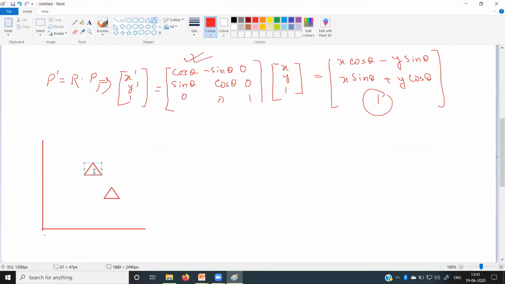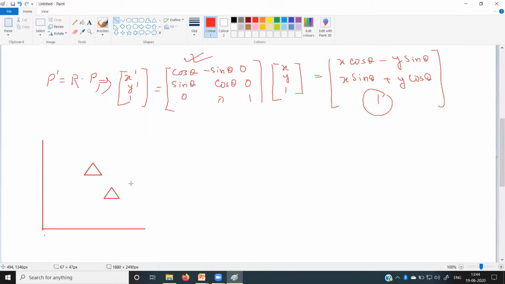Now while you are rotating the triangle with some angle theta, one thing you have to make clear: you have to rotate the point with respect to a point. Here you are rotating this entire object with respect to origin. Clear?